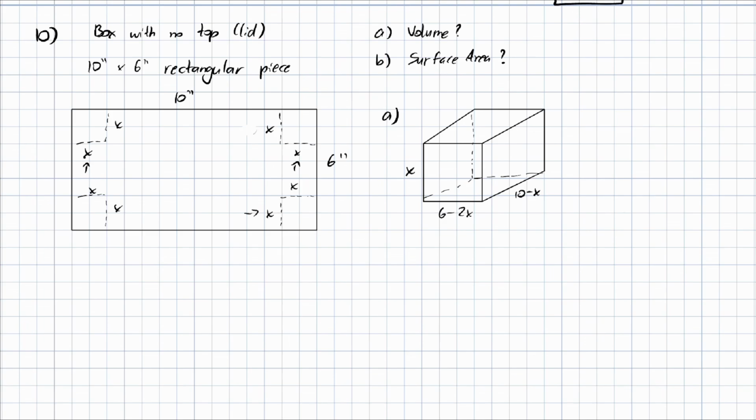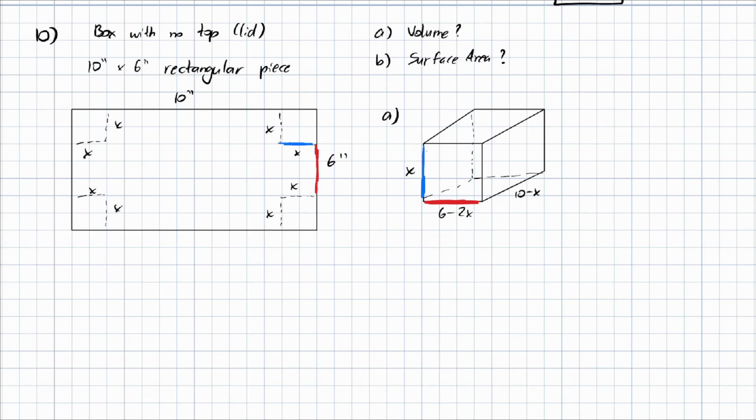Actually, let me label that with different colors so you can see. So you have your height x, when you fold this, like right here. You have your width, 6 minus 2x, right?